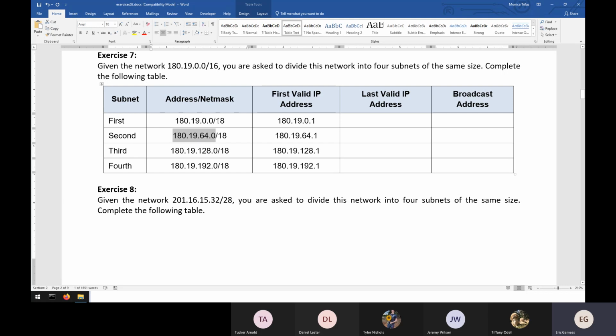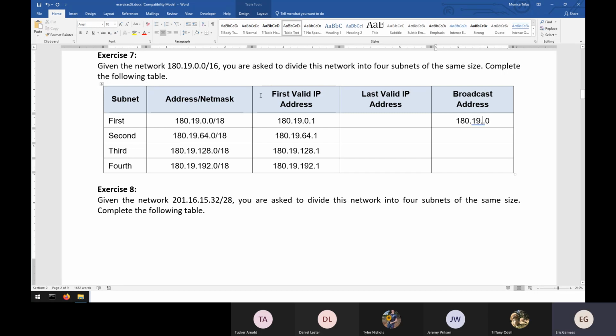So the previous network, which is the first network, must end where?